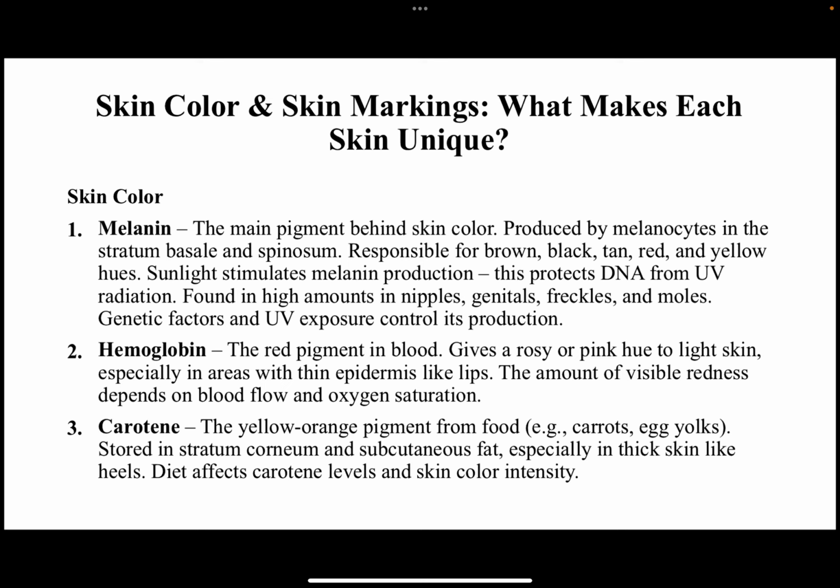Bluish discoloration. That is what we call cyanosis. Mostly it is because of deoxyhemoglobin. So if you have a lot of oxygenated hemoglobin, it gives your skin that kind of red to pink appearance. But if you lack oxygen, that is when there is deoxyhemoglobin, that is low-oxygen hemoglobin. It makes your skin appear bluish to purple. Is that okay? And that is what we call cyanosis.